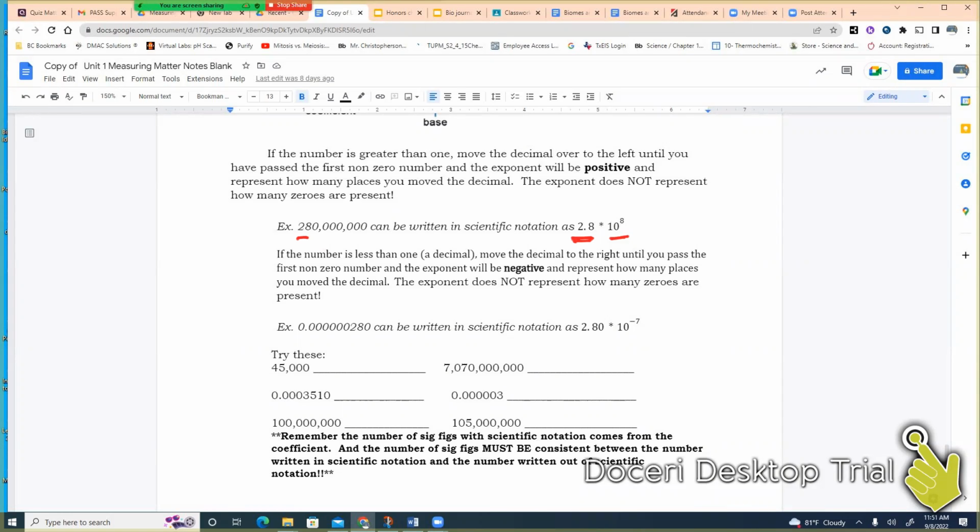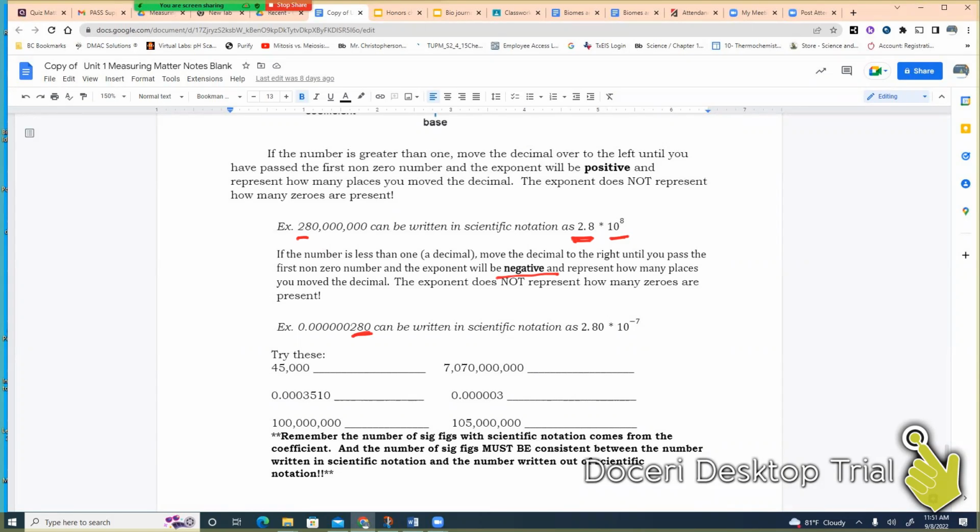And then if our number is less than 1, we're going to go the other way. Same thing until you pass the first non-zero number, but your exponent will now be negative. So these are for really small numbers. And once again, it does not always represent how many zeros. On this one, I have 3 sig figs, so I want my notation to have 3 sig figs.